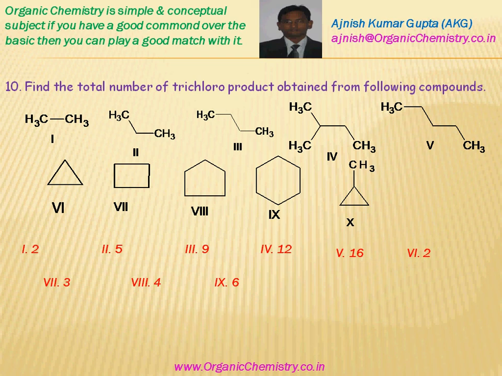For methyl cyclopropane, the answer is 7. For the sake of simplicity, I have taken 1, 2 and 3. So positions will be 1, 1, 1, 1, 1, 2, 1, 1, 3 or 1, 2, 3 or 1, 3, 3 or 2, 3, 3 or 3, 3, 4.